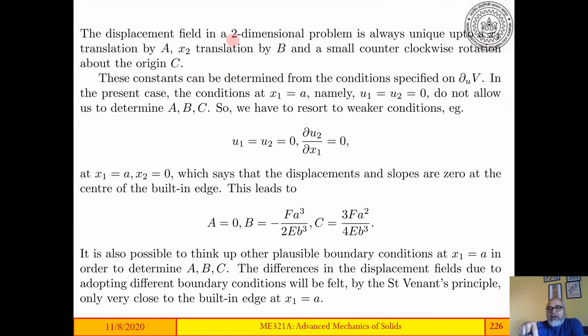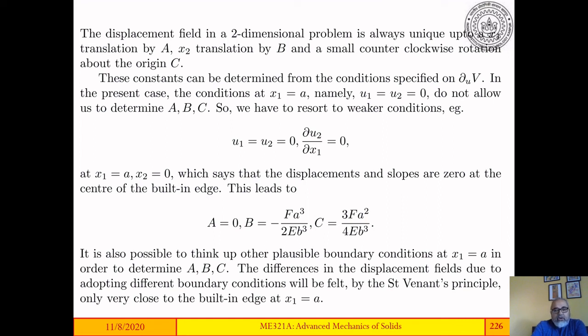There are different kinds of boundary conditions that we can use. We of course can use that everywhere at x1 equal to a, u1 and u2 are equal to 0. That's a boundary condition that we can use, but that's too strong a boundary condition. We have only three constants to determine, so we will not be able to determine three constants from this very strong boundary condition.